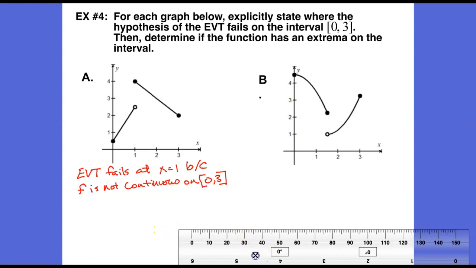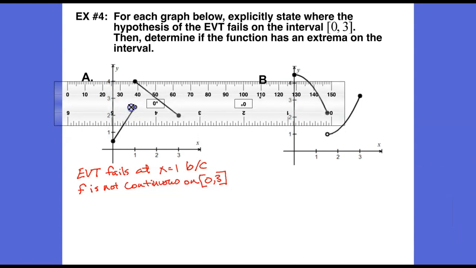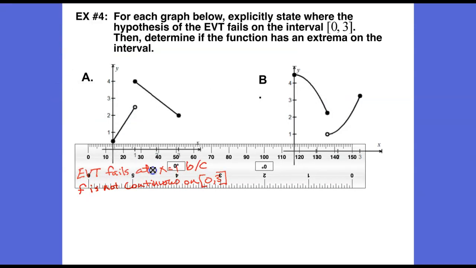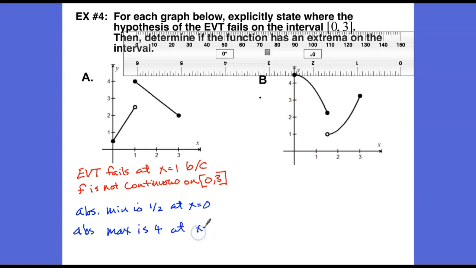Alright, now let's see about extreme values. We have a maximum value located at x equals 1 and a minimum value located at x equals 0. So let's say the absolute min is 1/2 at x equals 0, and the absolute max is 4 at x equals 1.